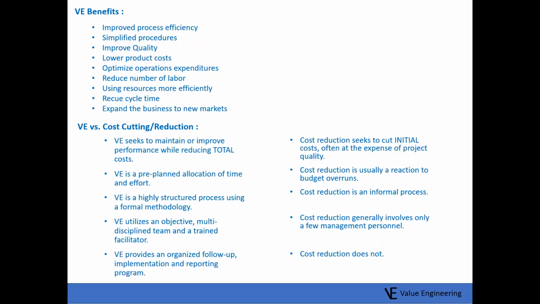These are the value engineering benefits, like improved process efficiency and simplified procedures. Here I can tell you, suppose there are 3 to 4 operations to produce a product. You can come up with innovative ideas to produce that product with 2 processes instead of 4, so that the manufacturing time will reduce, and you can reduce the number of operators.